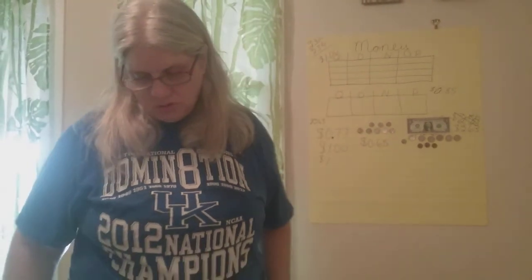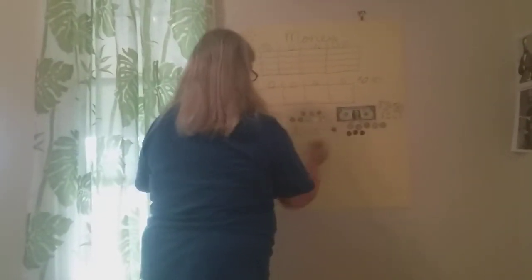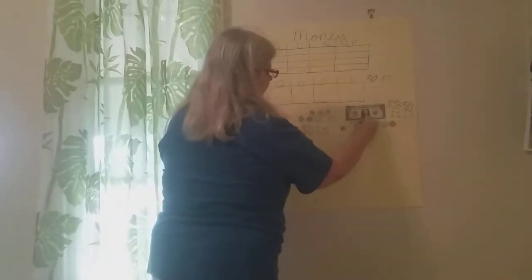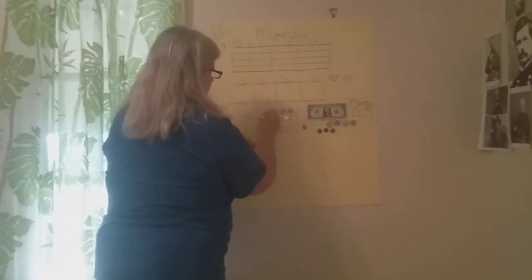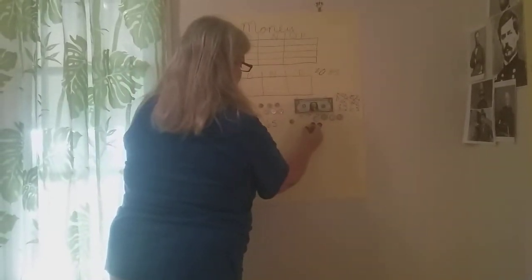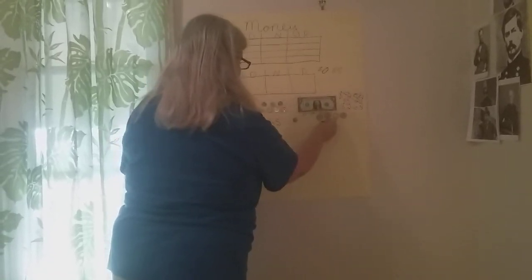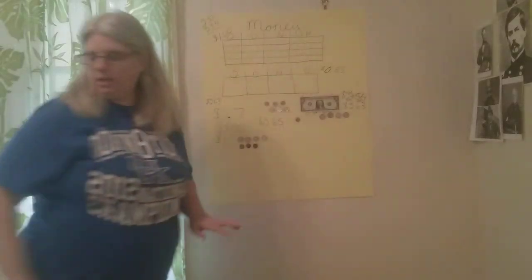Next one, we need 2 quarters, 2 nickels, and 5 pennies. So 2 quarters, 2 nickels, 5 pennies. 1, 2, 3, 4, 5.